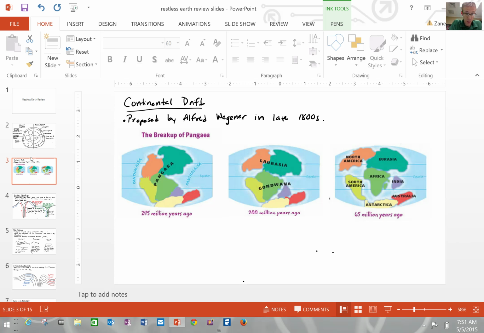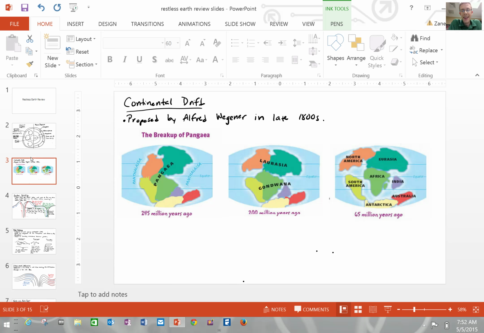So for example, the big landmass that existed 245 million years ago was called Pangaea. Okay. Now, 45 million years later, we started to see a north-south sectioning off of continent pieces, the northernmost part of which was called Laurasia, and the southernmost part was called Gondwana. You can clearly see what makes up each of those land masses.